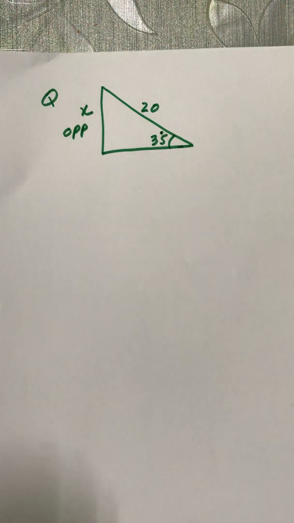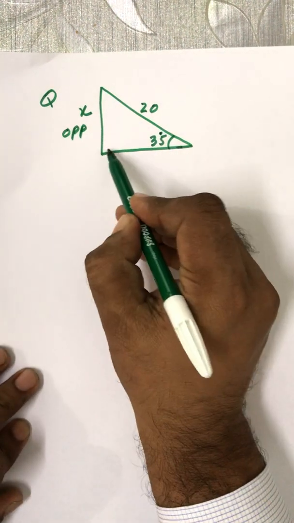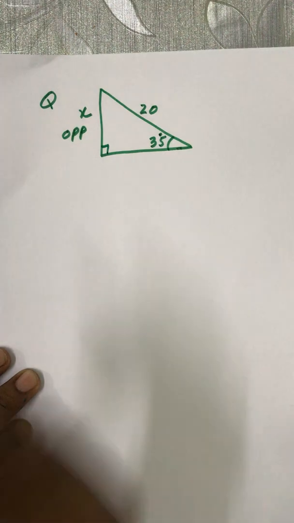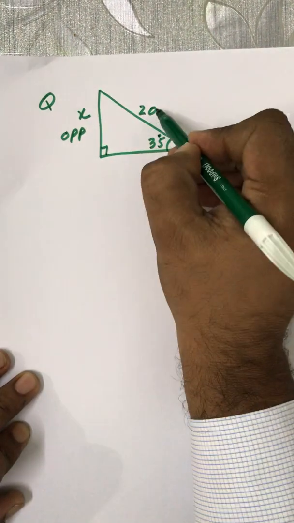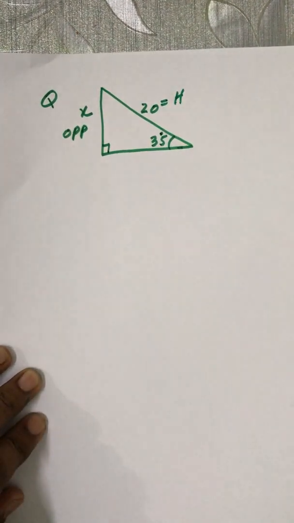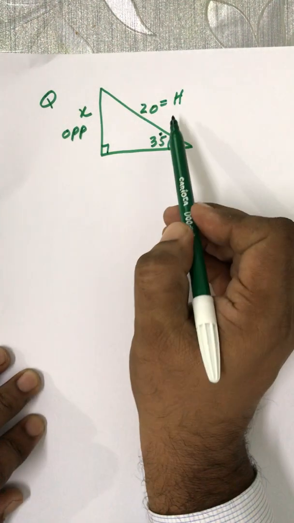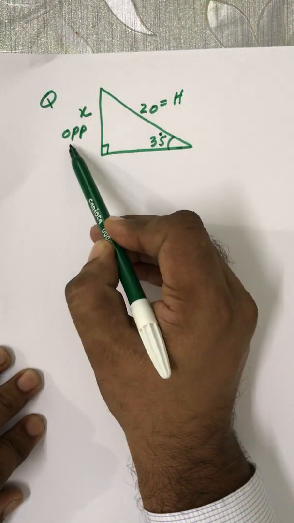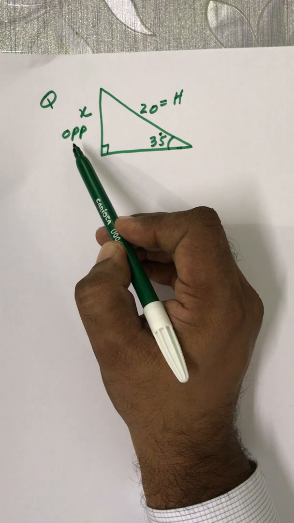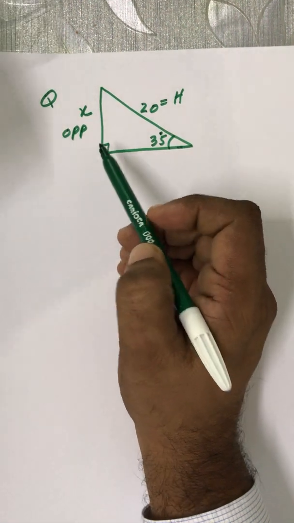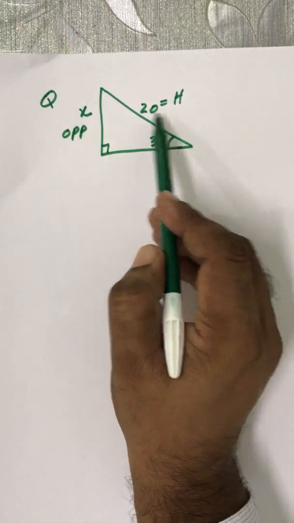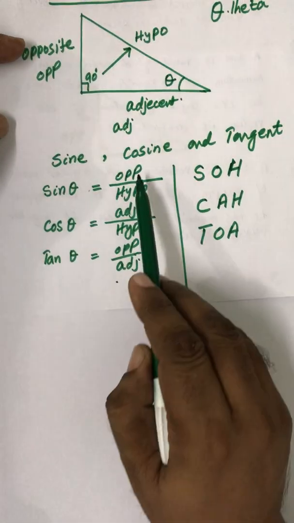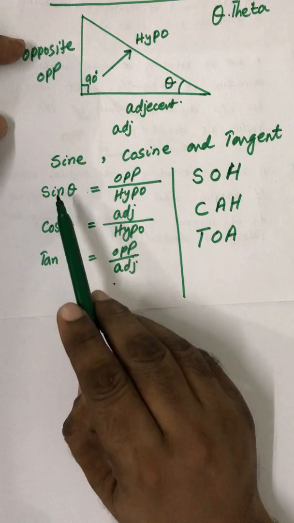See, this is 90 degrees. We have to find opposite. This side is hypotenuse, I'm just writing H. I have hypotenuse, I have opposite. Which ratio is the relationship between hypotenuse and opposite? See the previous page: opposite and hypotenuse is sine theta.